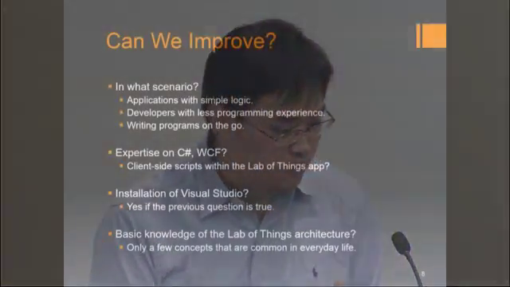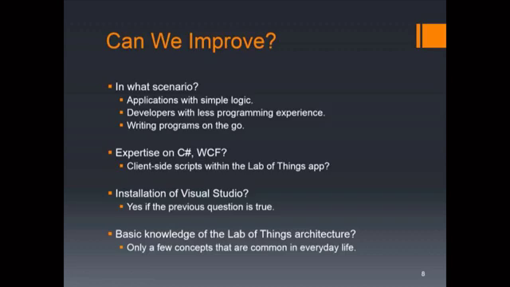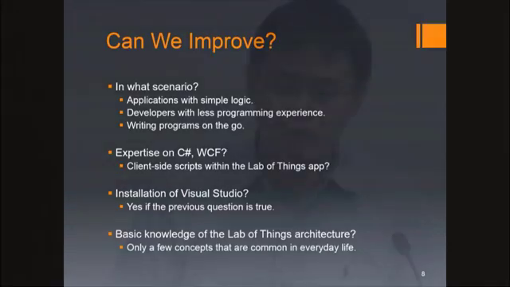We should allow the writing of the code to be simple. Let's review the requirements again and see if we can somehow reduce the number of requirements, but still achieve the optimal performance and the functionalities that we can get from the Lab of Things platform.